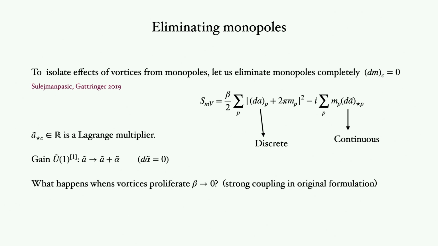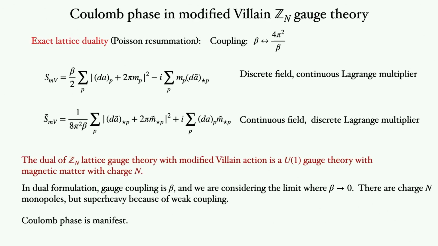Now this tells me that I gain this symmetry. The question is, what happens? And there are no monopoles now because I put in a Lagrange multiplier to get rid of the monopoles. So what happens in the beta goes to 0 limit, which is very strong coupling in the original formulation?